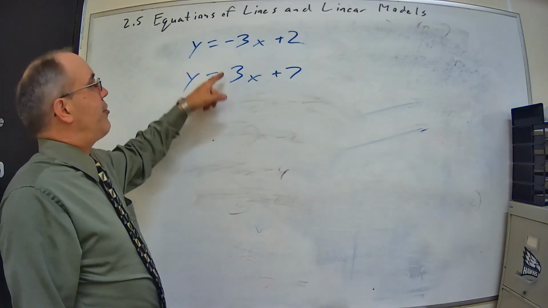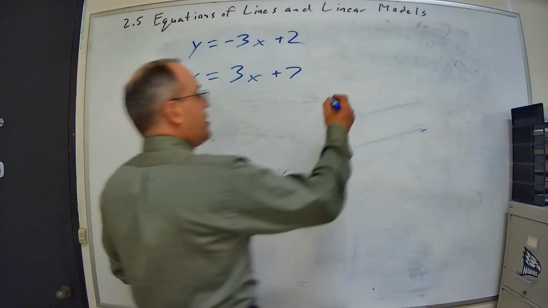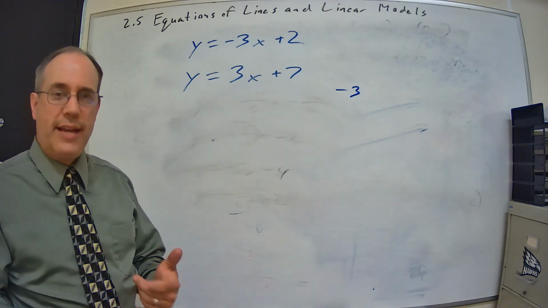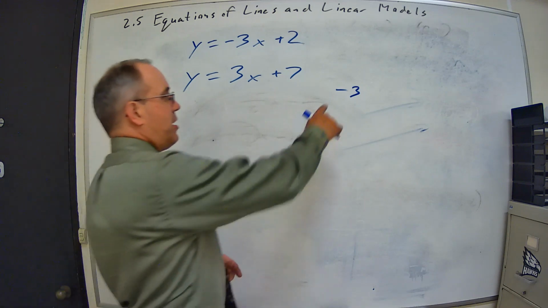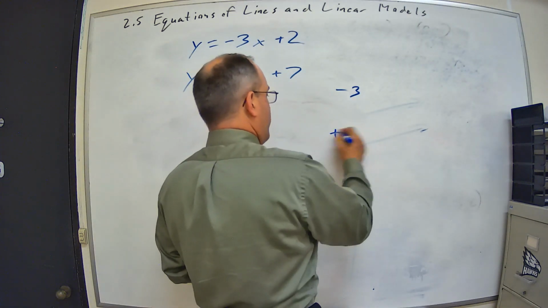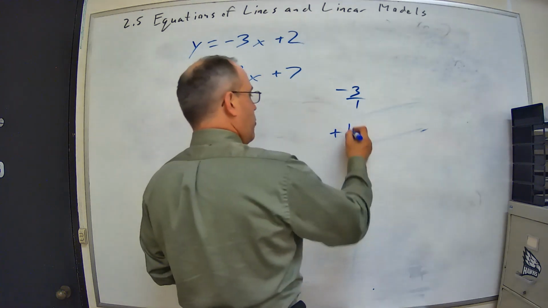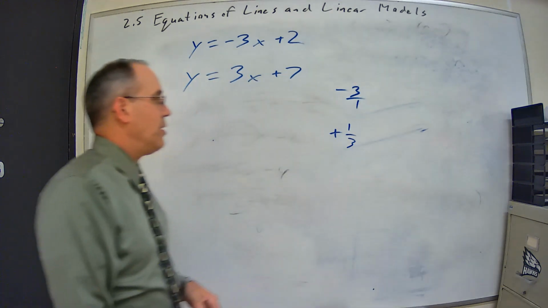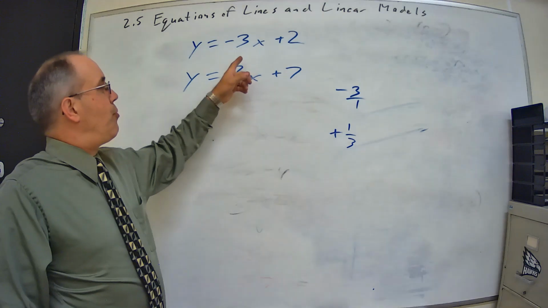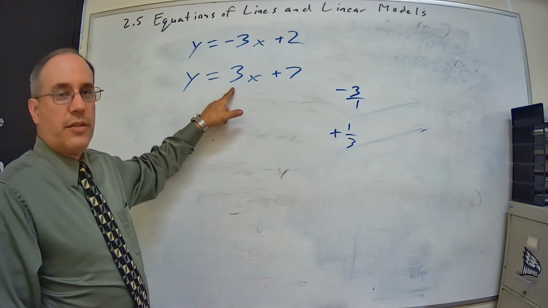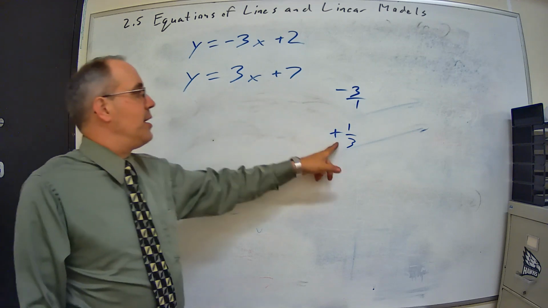We have negative 3 and 3. Well, what's the negative reciprocal of negative 3? It's going to go from negative to positive, and that 3 is really 3 over 1, so that's going to go to 1/3. So since the slope of this is negative 3, I would need the slope of this to be positive 1/3, and it is not.